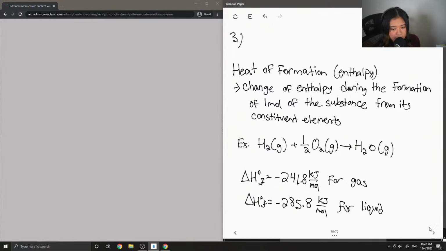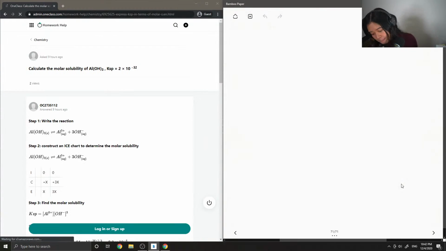Okay, so on to question 4. Calculate the molar solubility of aluminum hydroxide. Okay, so they also give us the Ksp value as well. So let's just define molar solubility.